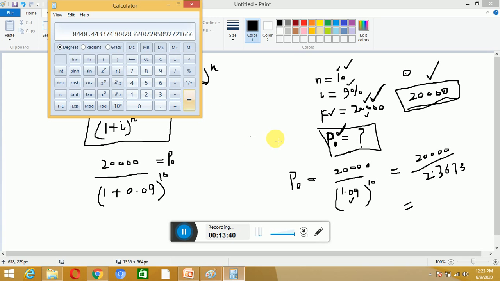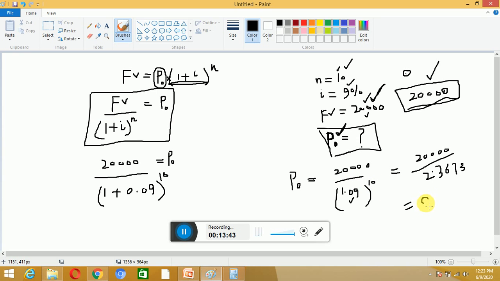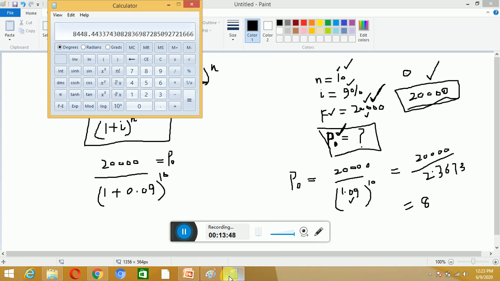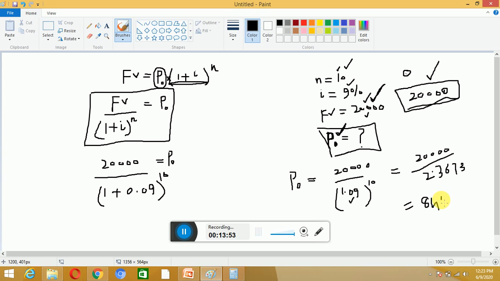So you will get 8,448.44. So it means you will deposit this money in the bank. When you deposit this money in the bank, after 10 years this money will become double. This money will become 20,000.